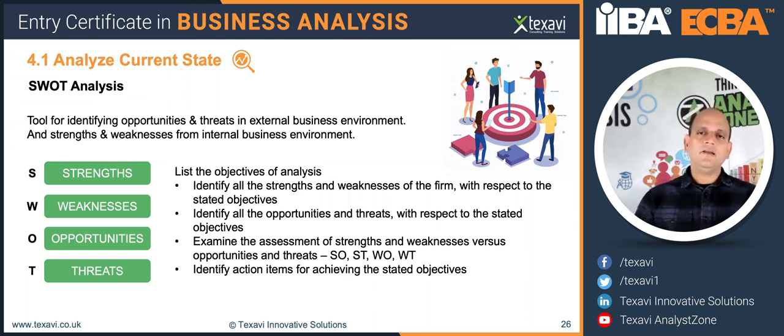And then internally, it's about assessing what are the things that you have. So that's what we call an internal resource audit. It's a tool that you could potentially use to understand how good your resources are internally.